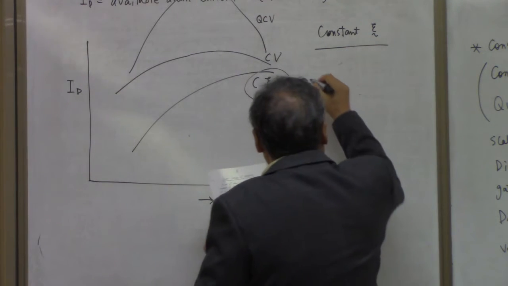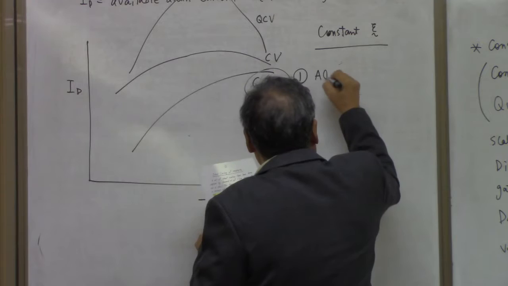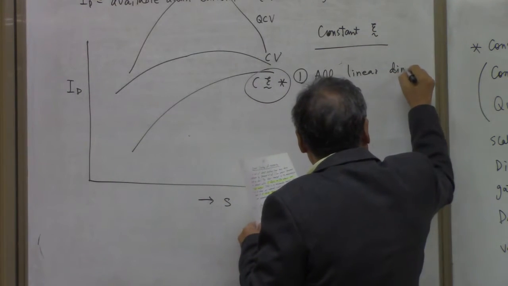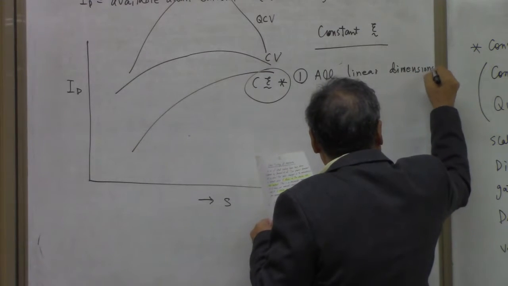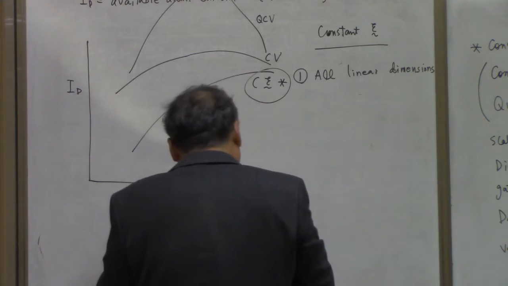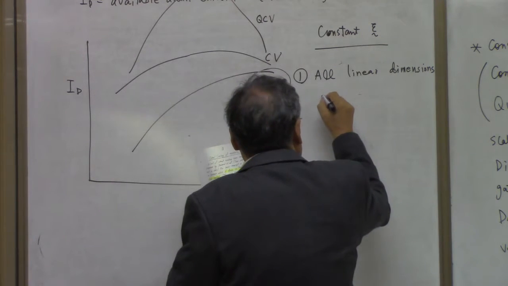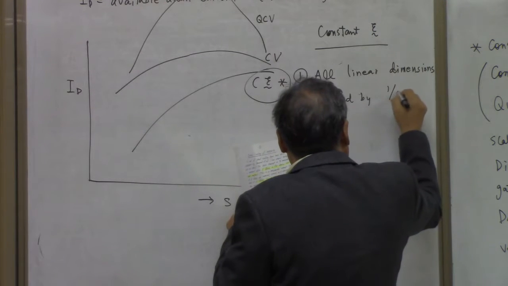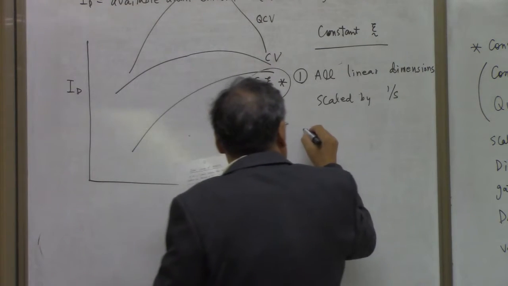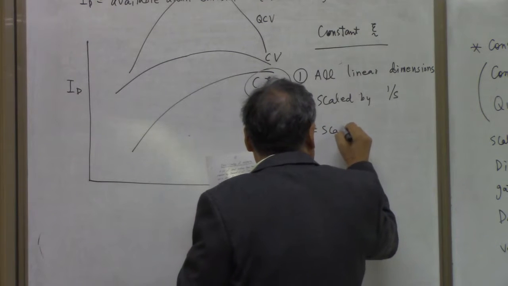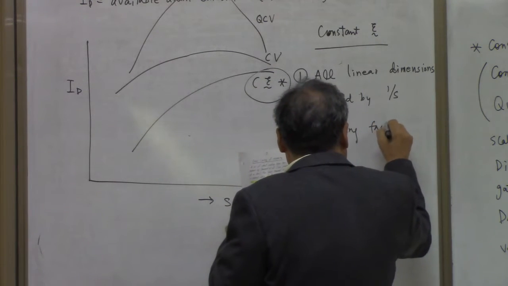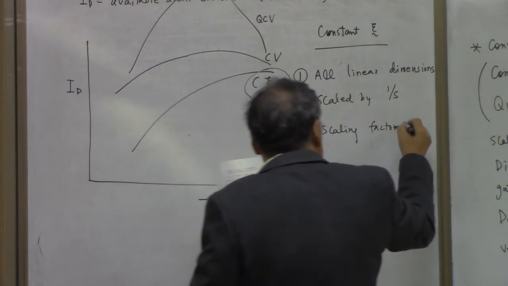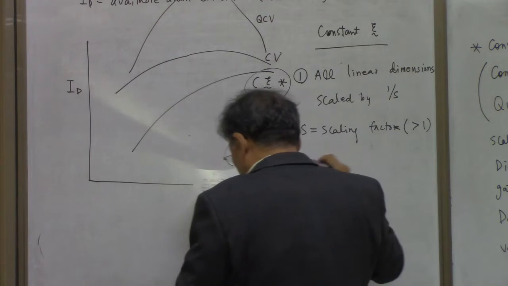In principle, what we are going to do is, number 1, all linear dimensions are going to be scaled by 1 over S. S is the scaling factor, and that is greater than 1, okay?